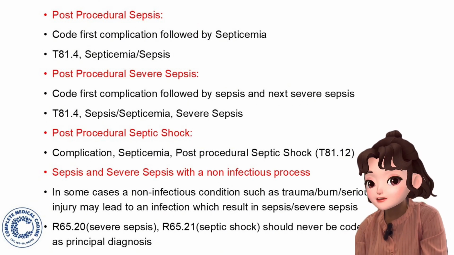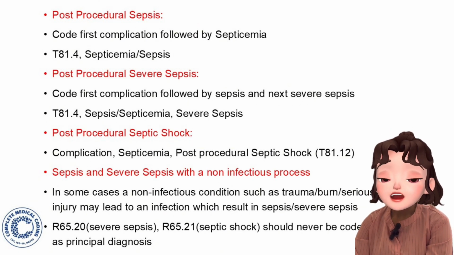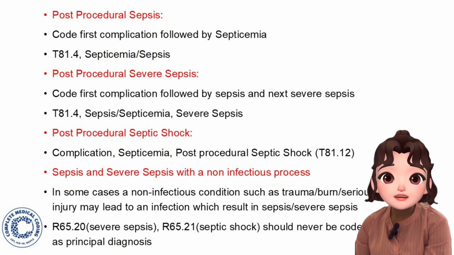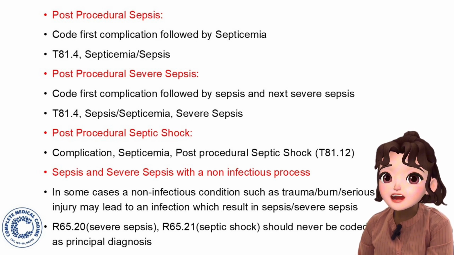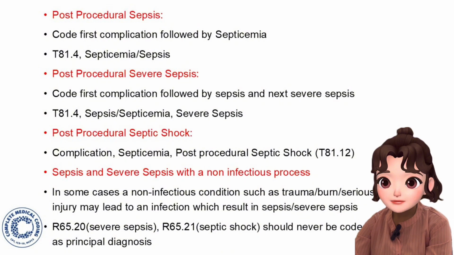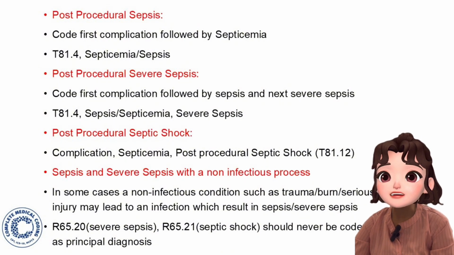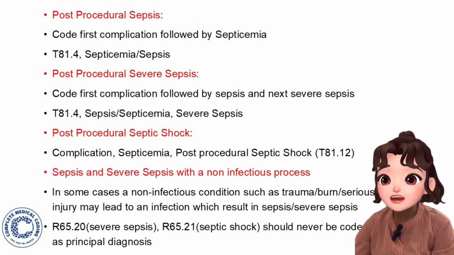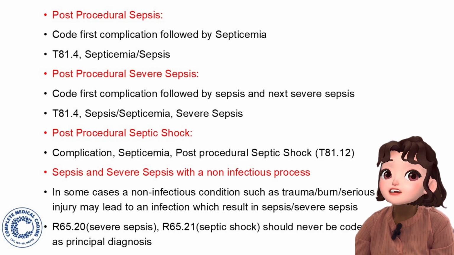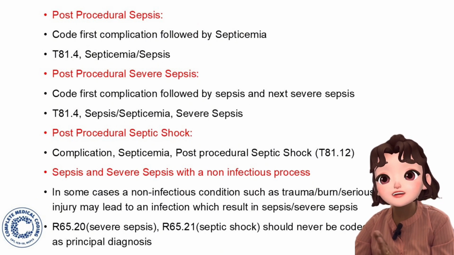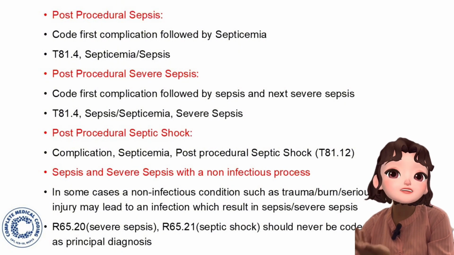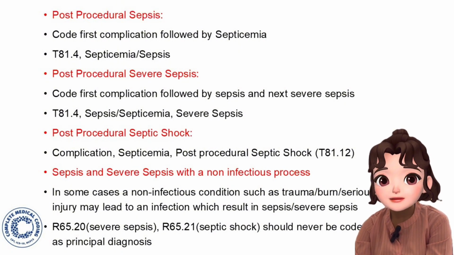In some cases, a non-infectious condition, such as a trauma, a burn, or a serious injury, may lead to an infection, which results in sepsis or severe sepsis. Such a non-infectious condition can lead to an infection, which might result in sepsis or severe sepsis.